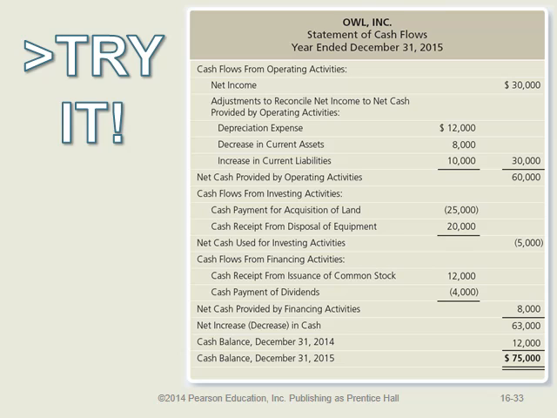Cash flows from financing activities shows a $12,000 increase in cash resulting from the issuance of common stock and a $4,000 decrease in cash resulting from the payment of dividends. The resulting net increase in cash of $63,000 is added to the beginning cash balance of $12,000 to arrive at the ending cash balance of $75,000.